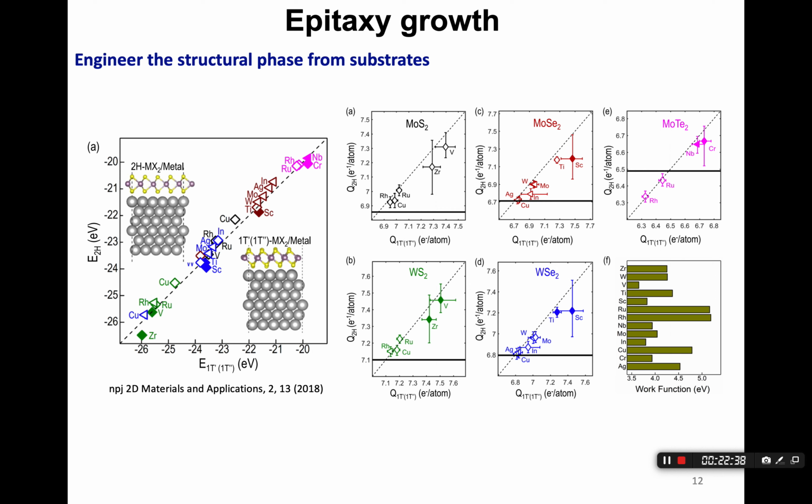The reason why different metals have different roles here is because they have different work functions. In other words, they have a different affinity to electrons.